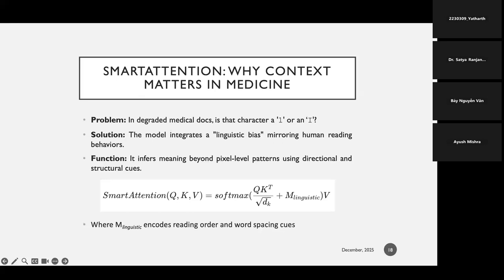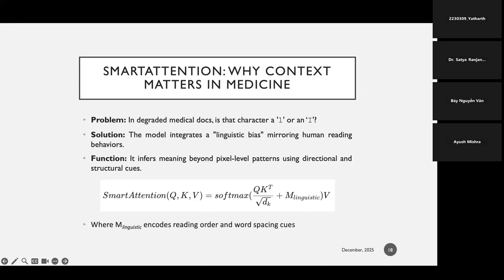So how does a human, like the pharmacist, solve this? A pharmacist doesn't just stare at the ink. They use the context, the global context. If that vertical line is followed by MG, they know it's likely a number. If it's in the middle of a word, like clinic, they know it's a letter, right?